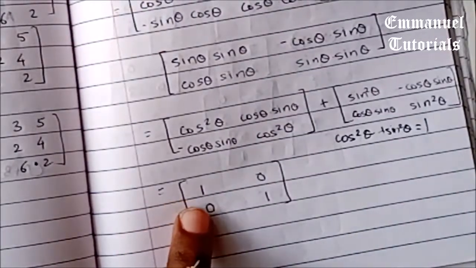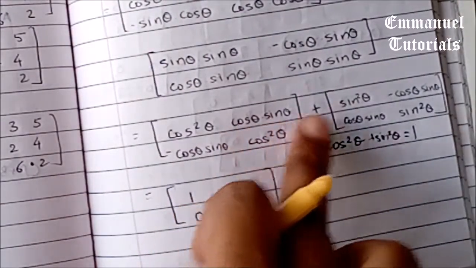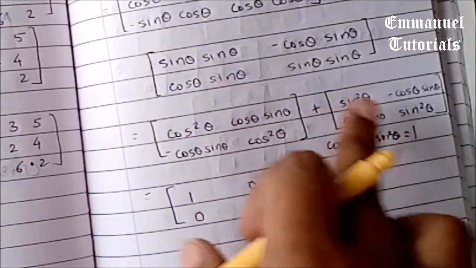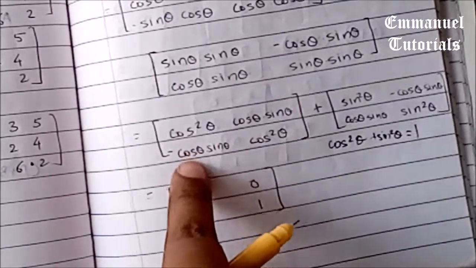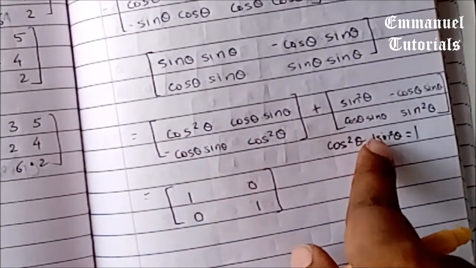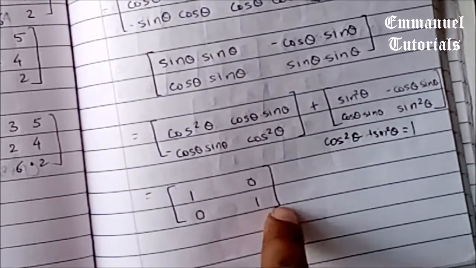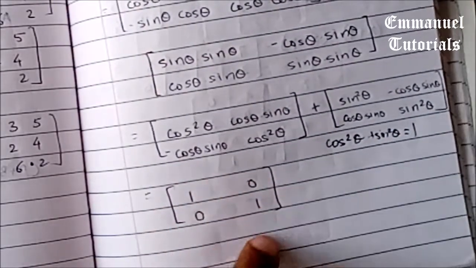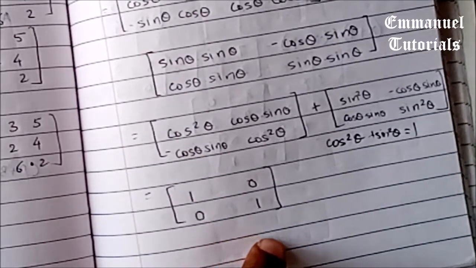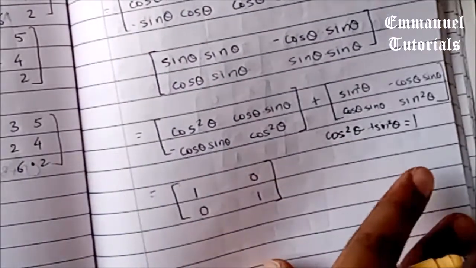So we have written it as 1. Cos theta into sin theta minus cos theta into sin theta is 0. Similarly, minus cos theta into sin theta plus cos theta into sin theta is 0. And cos square theta plus sin square theta is 1. So this is the matrix which we get finally. Now let's go to the next question.